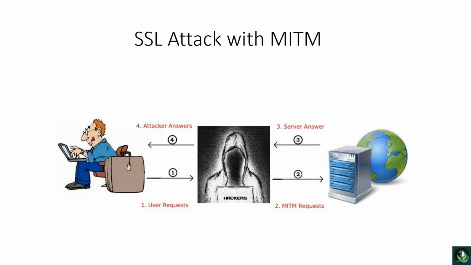SSL is a standard security technology to secure the connection between a browser and a web server. This connection protects all data traffic so that it remains private and integral.